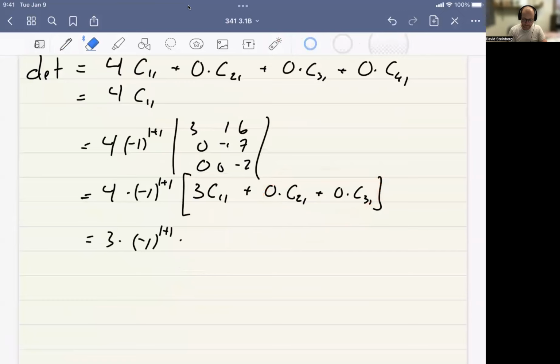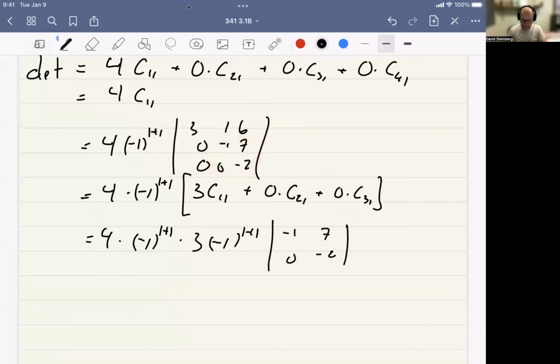So this is 4 times 3 times negative 1 to the 1 plus 1, and then the determinant of this 2 by 2: negative 1, 7, 0, negative 2. These are both 1s, so let's ignore them for a sec. 4 times 3 times, what are we going to get here?